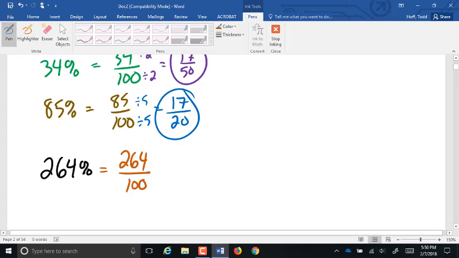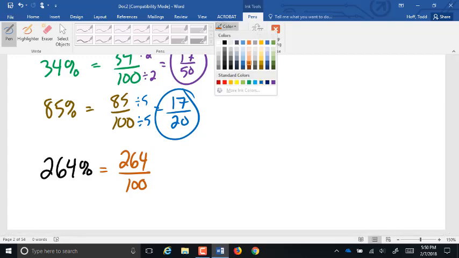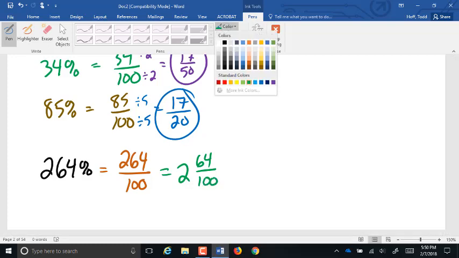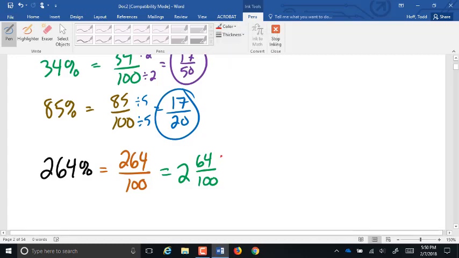We look at that and we realize, first of all, 100 goes into 264 a couple of times. So let's do that first. It's usually easiest at this point. How many times does 100 go into 264? Twice, and how much is left over? 64, and of course, the denominator stays the same. It's 64 out of 100. Now, we can still reduce that 64 over 100.